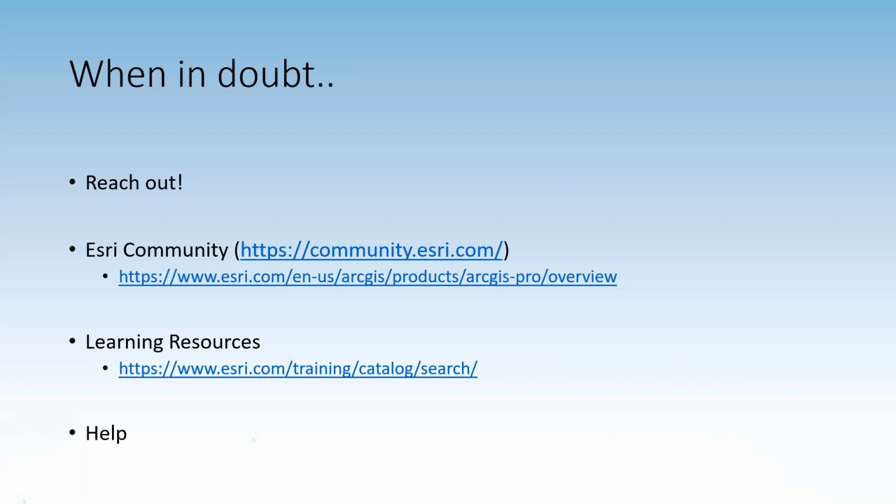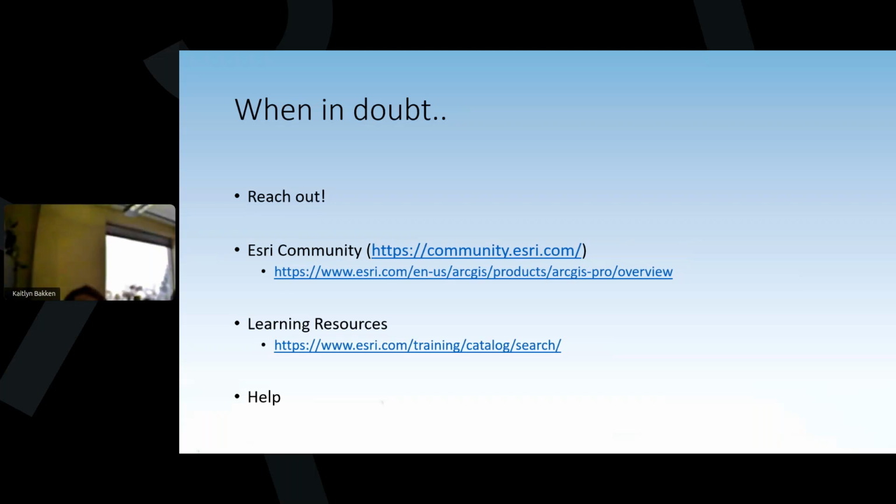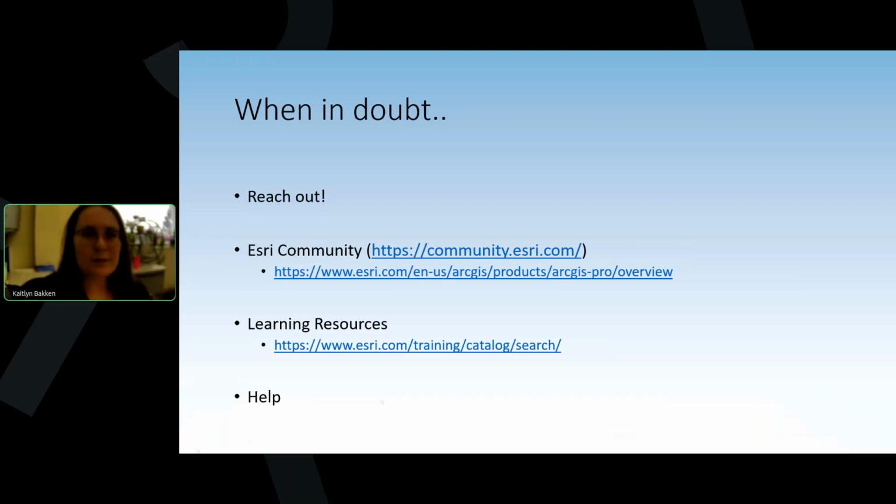So that's why I rely on the community so much. But when in doubt, reach out. I am always here, happy to help with whatever you could possibly think of. So yes, Alicia, I will hand it back to you and see if we have any questions.